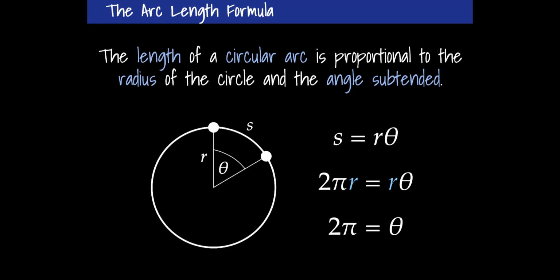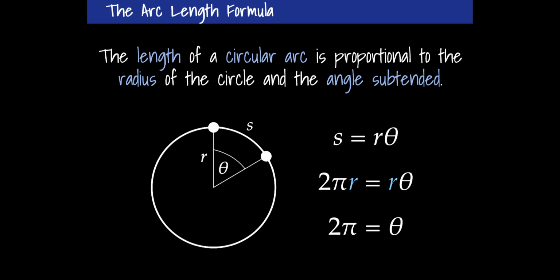Well, here's the problem. I have an r on each side, which cancels. And what I'm left with is the bizarre statement that the angle all the way around the circle is 2 pi. The reason why that offends you is because you know that the angle all the way around the circle is 360 degrees. Everybody knows that.